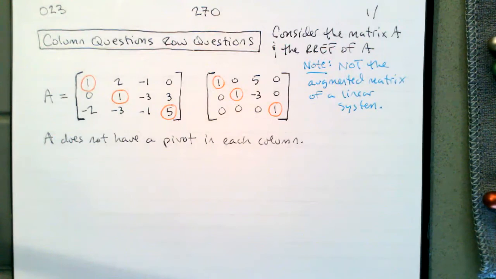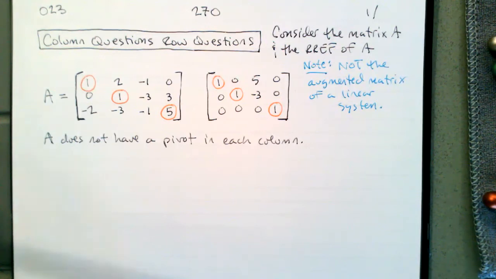So this tells us some things about A. First, we note that the columns of A are not linearly independent. But we could say that the columns of A are linearly dependent.